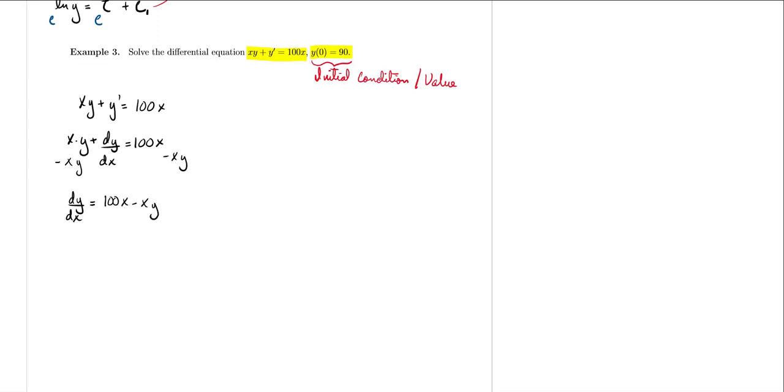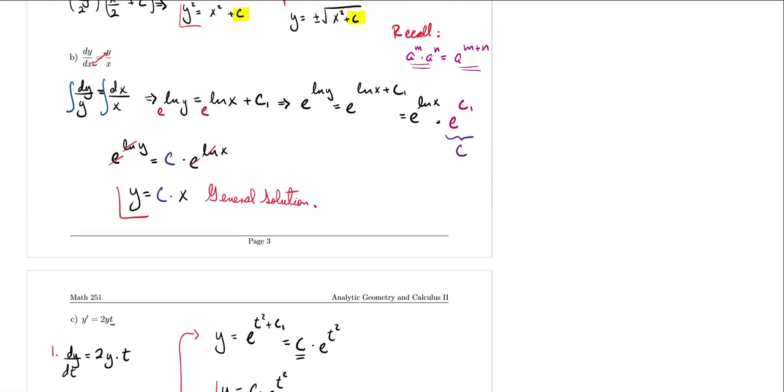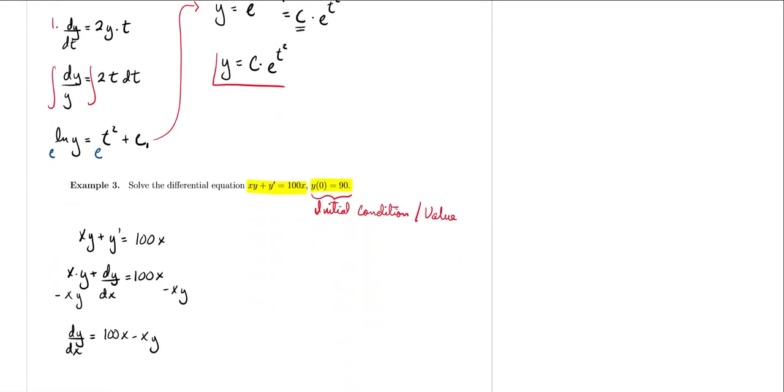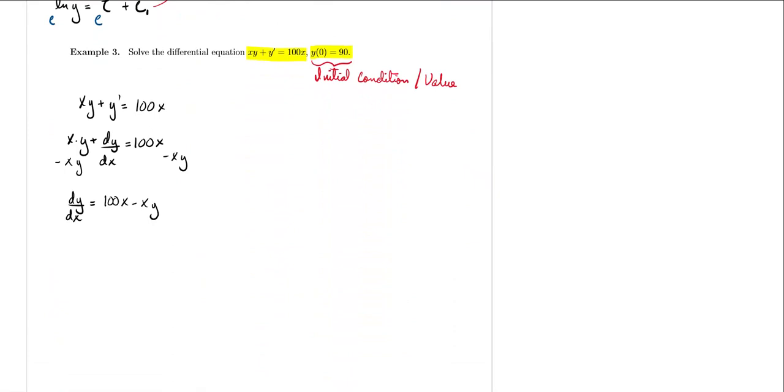Alright, so why am I choosing to do it this way? Well, this one is a little bit trickier because in the other problems, we typically were dealing with just multiplications of x's or y's and dt's, things like that. But this is the first problem where we are encountering a sum.